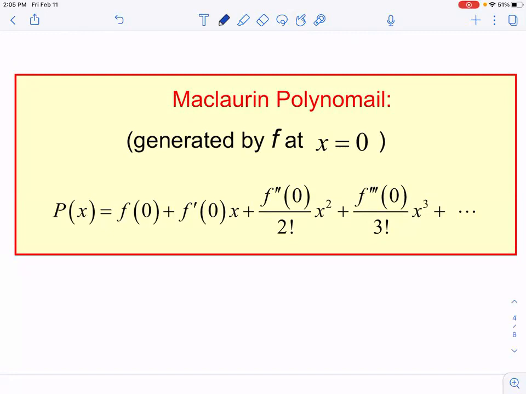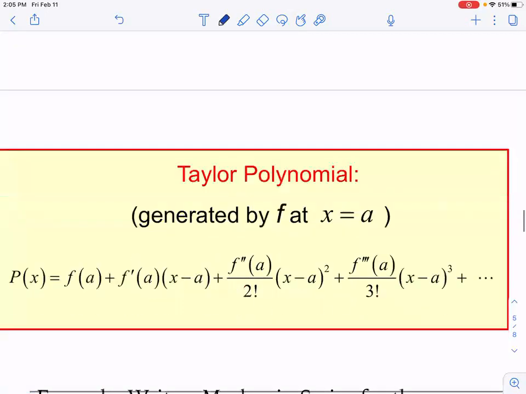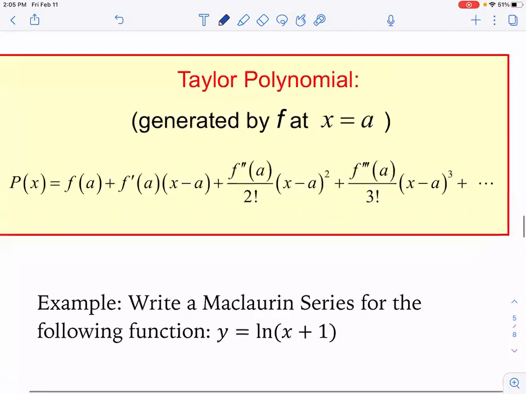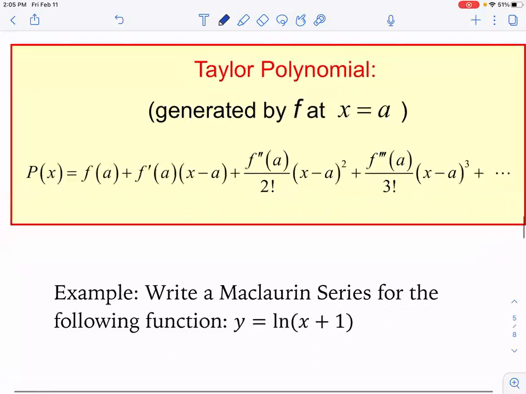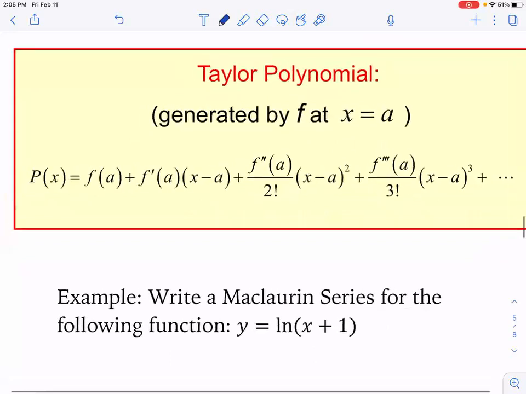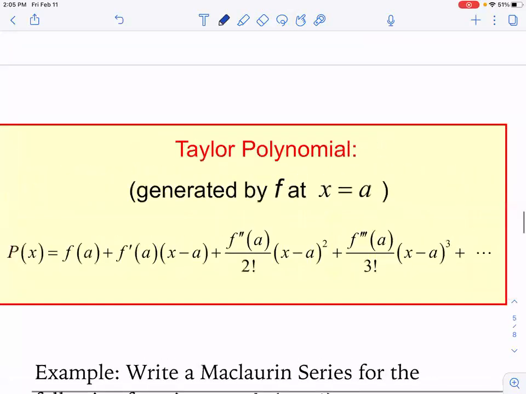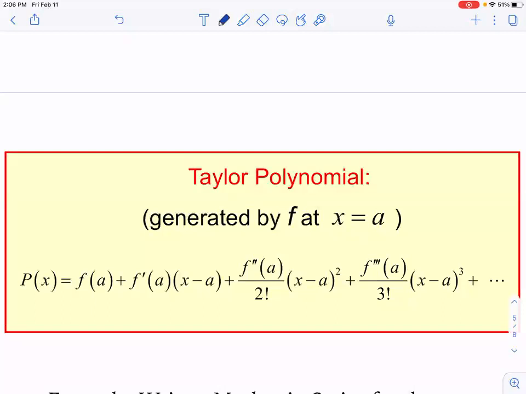It's a Taylor polynomial. It just has one extra specification. It needs to be generated at 0. Here is a Taylor polynomial generated at a. Okay. So notice how in all of these, the second derivative is over 2 factorial with x squared. The third derivative is over 3 factorial connected to x cubed. If you can remember that pattern, you're going to be fine.